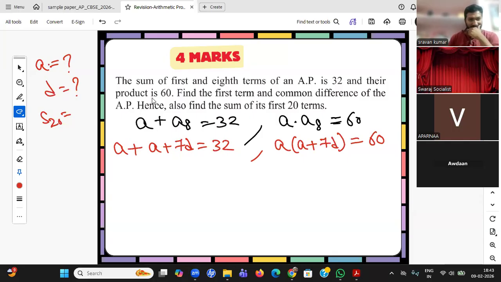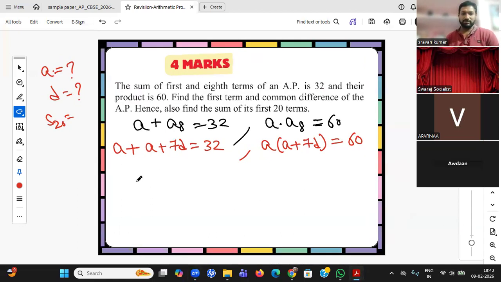Okay, so let me see. Sir, I'm getting two solutions. Go ahead, student. This is 4 marks. Go for each case. Case 1, take that. Case 2, take another one. It's a 4-mark question. And yes, obviously you'll get 2 solutions because it's a quadratic equation.